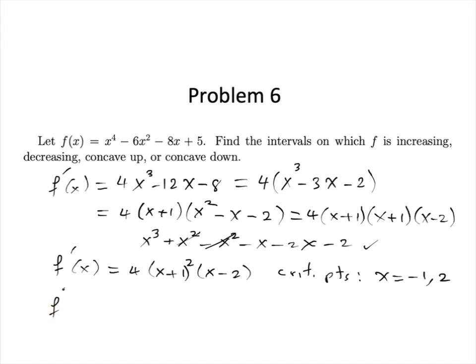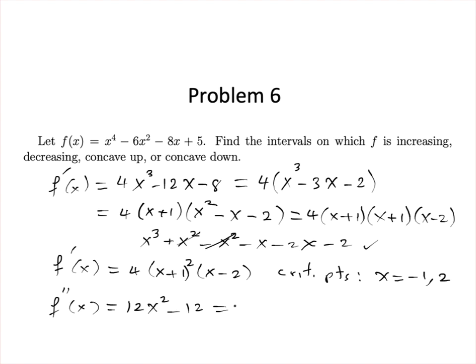So the second derivative is, I'm going to use the original f prime. It's easier to differentiate that, so I don't need to expand this or use the product rule. So the derivative of f prime of x is 12x squared minus 12.